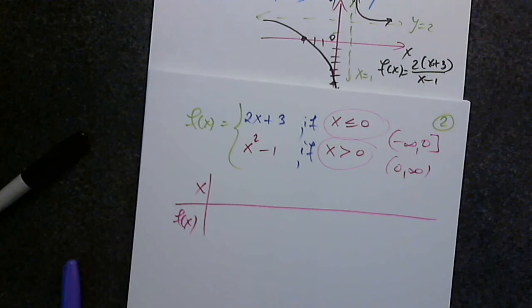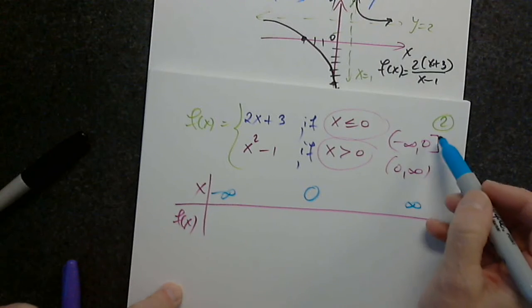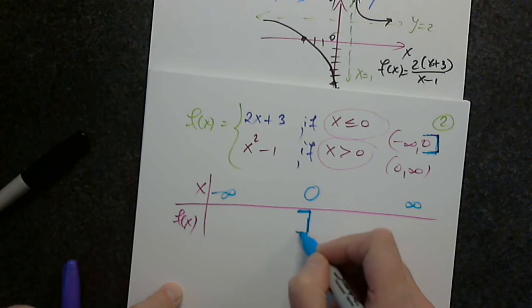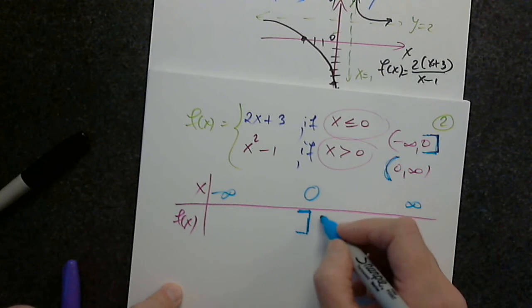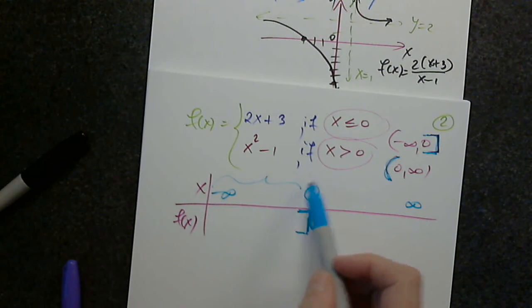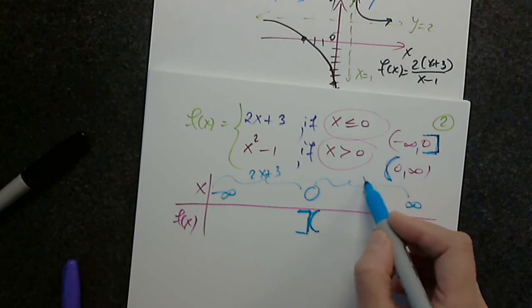Yes, there are no gaps. So it's negative infinity to infinity, and the key point is 0. The left-hand side includes a bracket at 0, and the right-hand side has a parenthesis. On the first piece, we have 2x plus 3, and on the second piece, x squared minus 1.